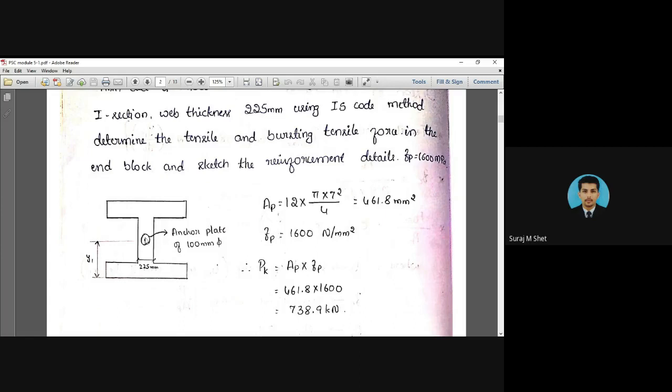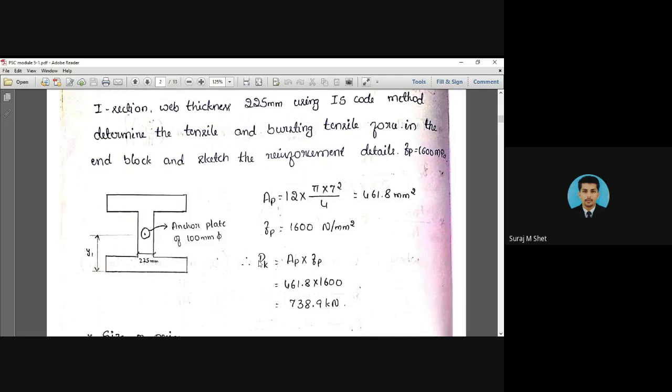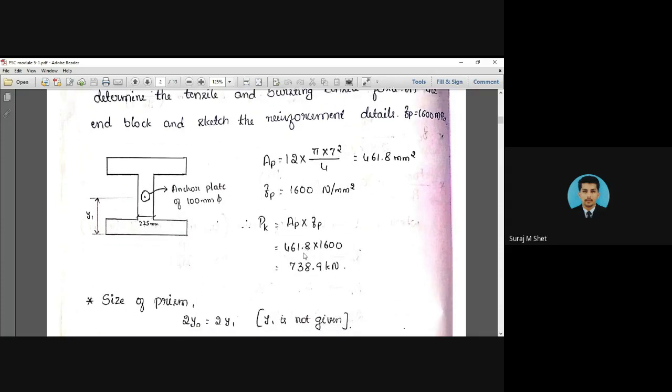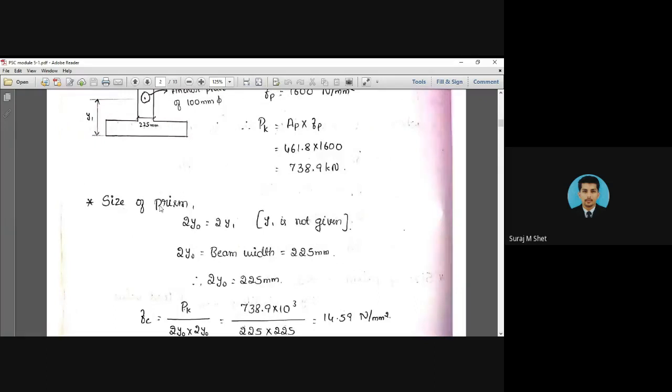The stress induced in the plate is 1600, and you know the area of the whole plate. So 461.8 into 1600. This is the Fp value. So I already calculated the Pk value. Pk is the force acting on the system: 738.9 kilonewton.